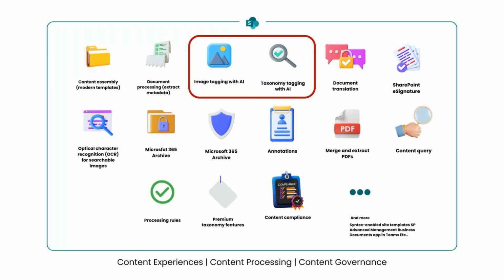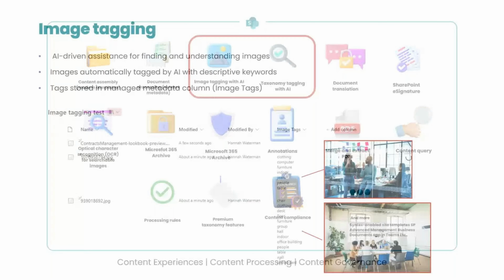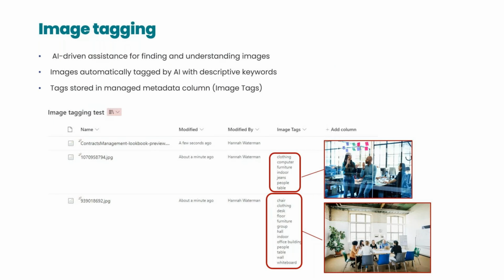Image tagging and taxonomy tagging will help with just that. It will help improve the search index. It will also help with compliance. Since it is going to automatically tag the images and the documents, you won't have compliance issues where your documents are missing the important tags.